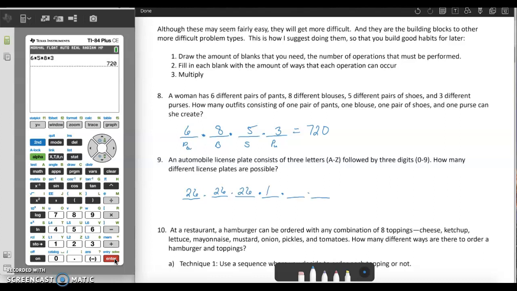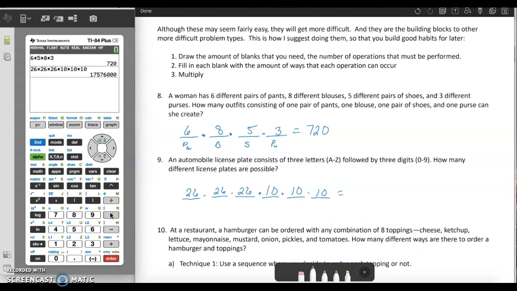So these next three would be 10 times 10 times 10. So we're going to do 26 times 26 times 26 times 10 times 10 times 10.